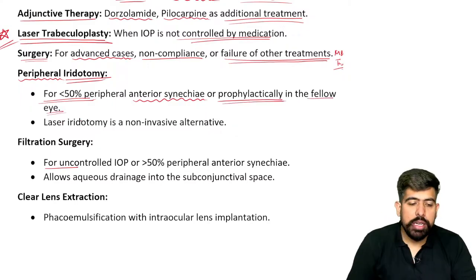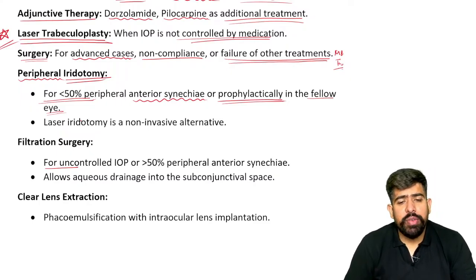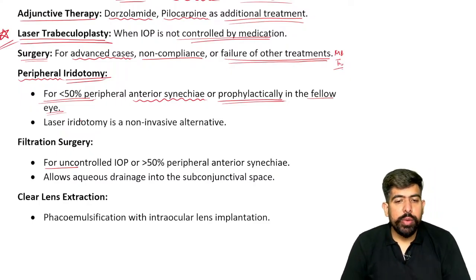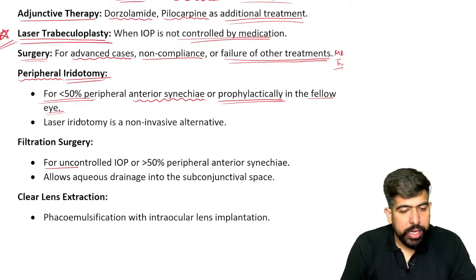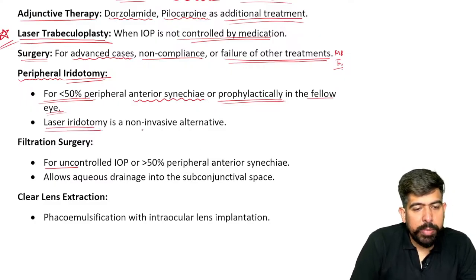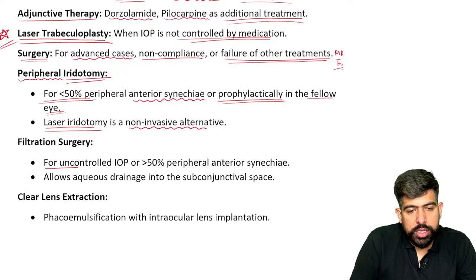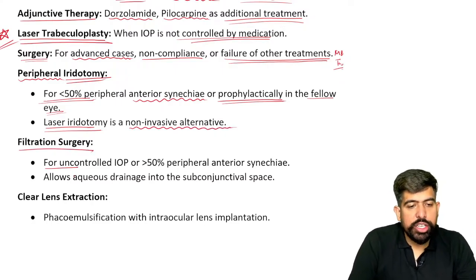If the patient is having glaucoma in one eye, we can do it prophylactically for the second, fellow eye, so that the patient does not get it in the second eye, right? Now, not only this, we can do laser iridotomy as a non-invasive alternative also. Also, we can do filtration surgery.